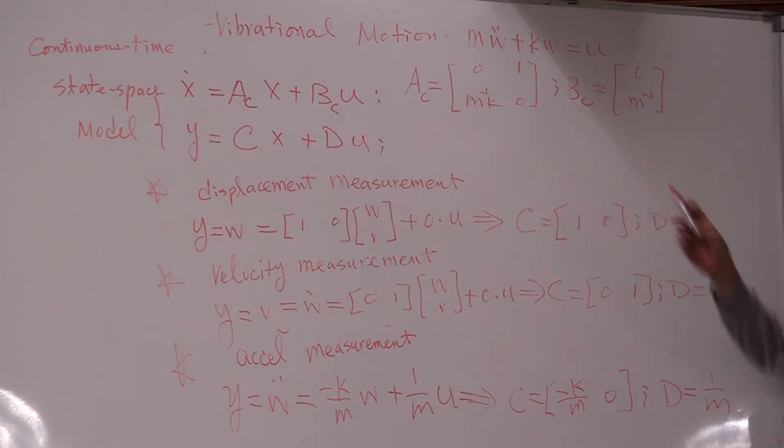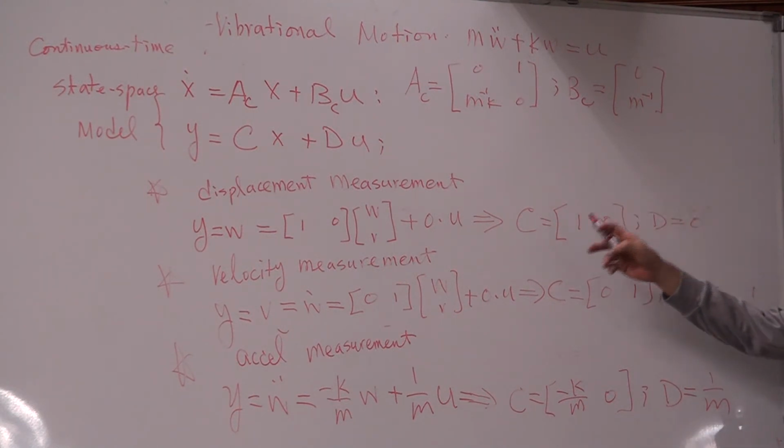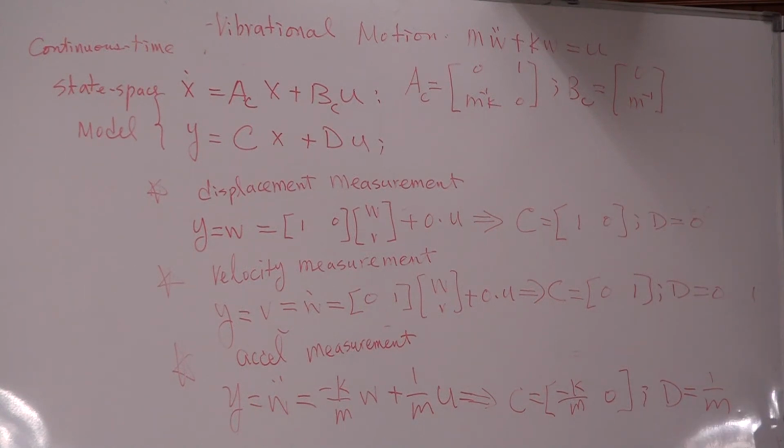So comparing my rigid body motions and my vibrational motions, the AC is different, BC the same. In the displacement measurement, C the same, D the same.